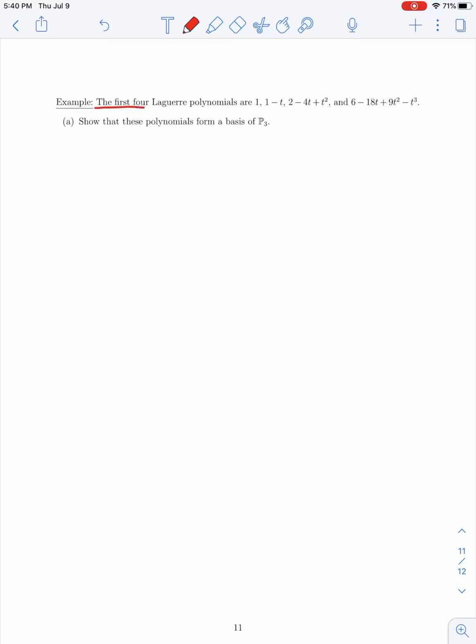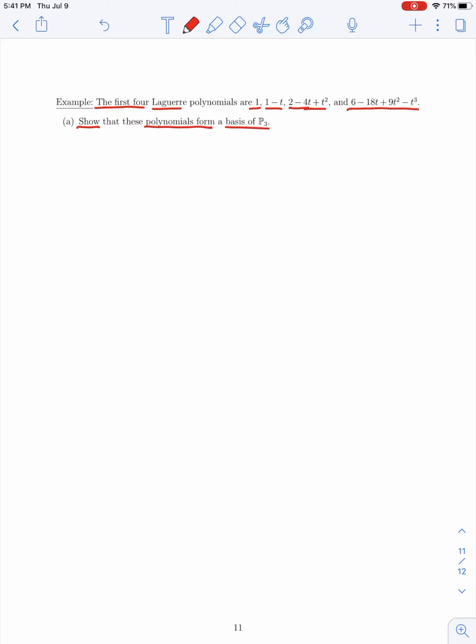The first 4 Laguerre polynomials are 1, 1 minus t, 2 minus 4t plus t squared, and 6 minus 18t plus 9t squared minus t cubed. And we are asked to, in part A, show that these polynomials form a basis of P3.